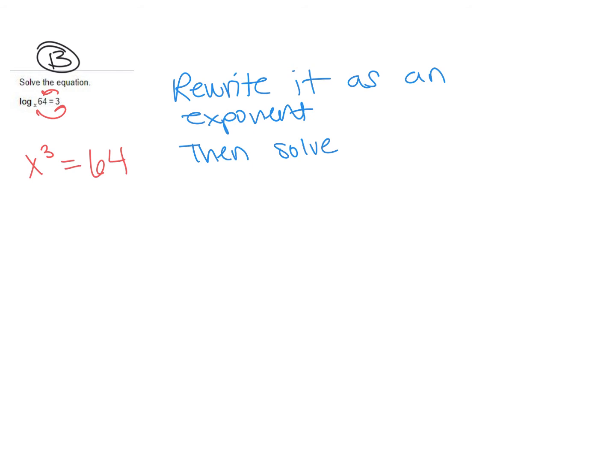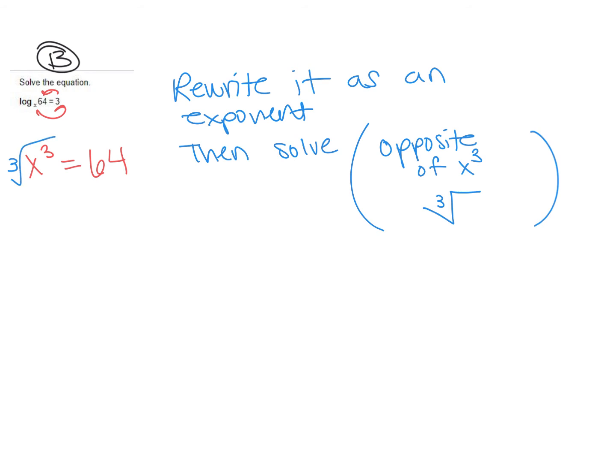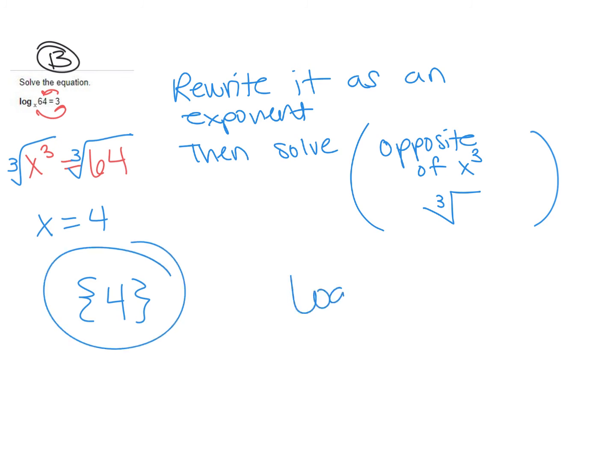Since it's x cubed, the opposite of cubed is the cube root. So I'm going to have to do the cube root of both sides. I'll do the cube root here, and I'll do the cube root there, and I'll end up with x equals 4. And I could check that by plugging it back in, so it would look like this.